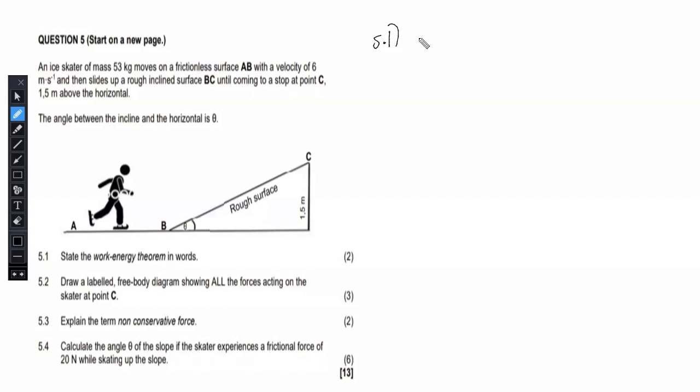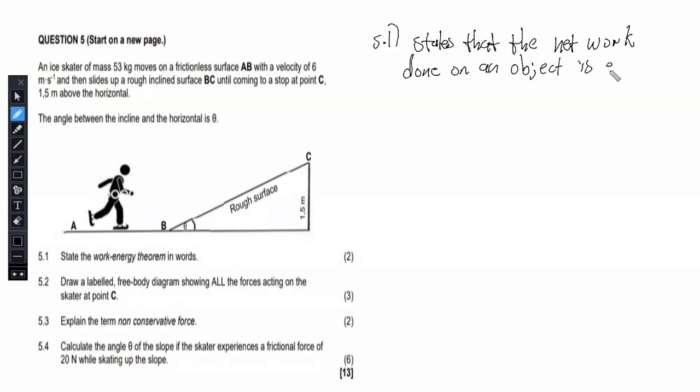So we say the work energy theorem states that the net work done on an object is equal to the object's change in kinetic energy.